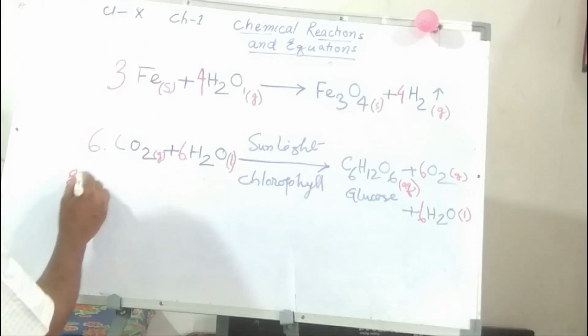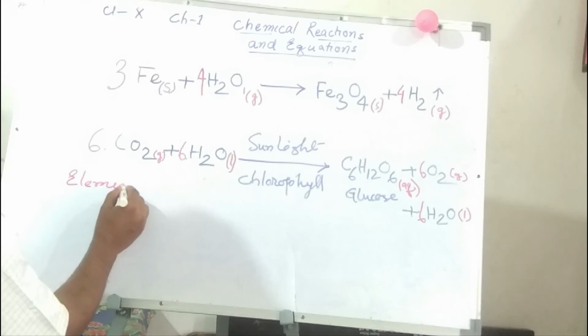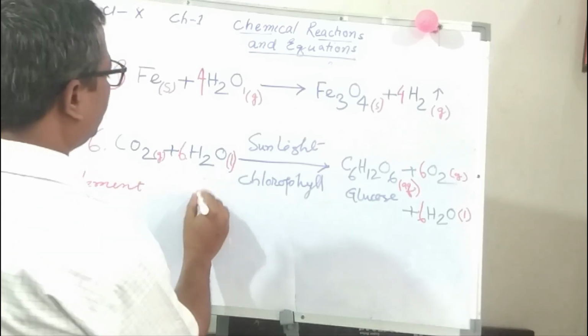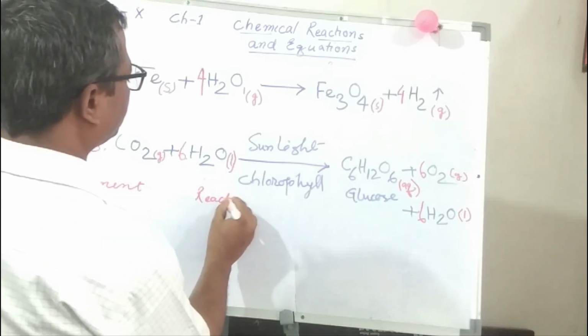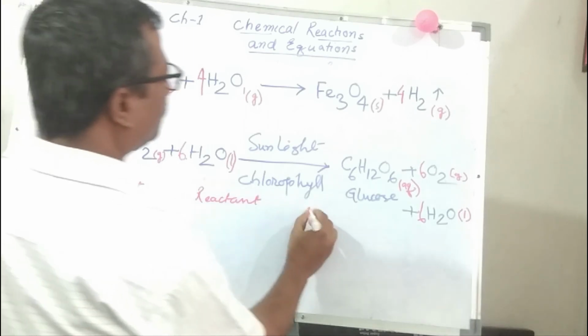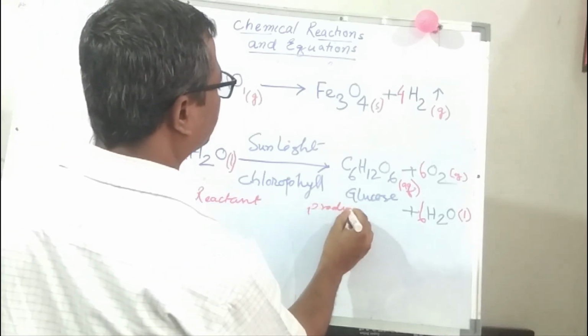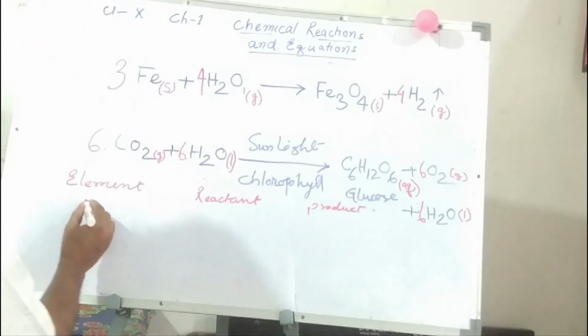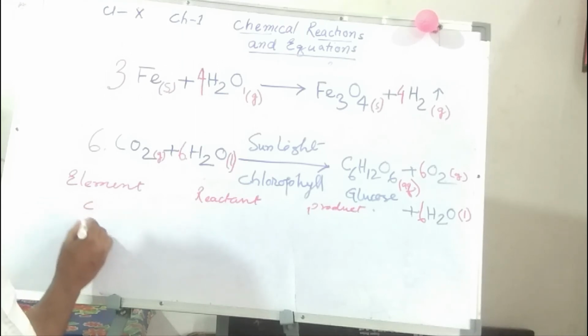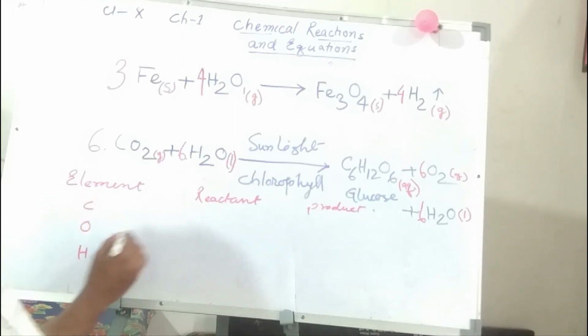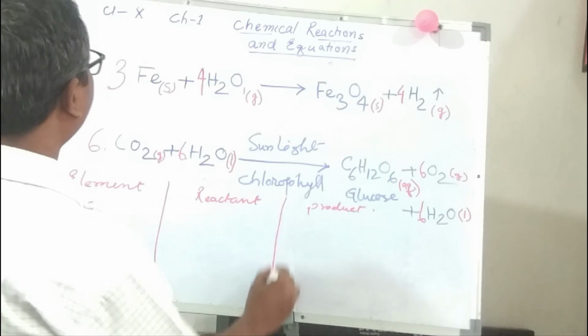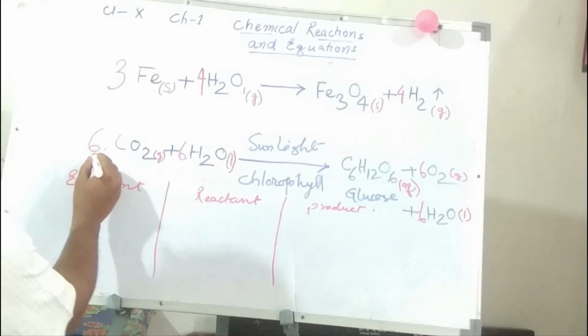So here you write element, reactant and product. Elements are carbon, oxygen, hydrogen. In reactant, how many did we find? 6 carbon.